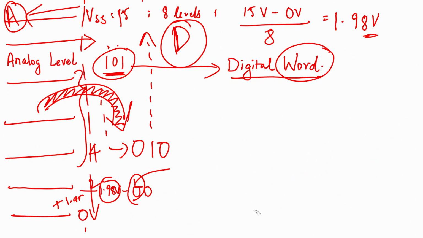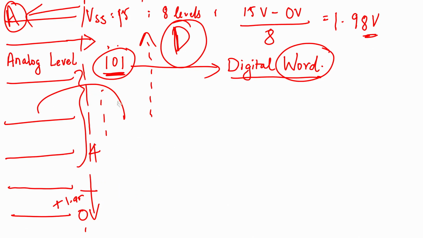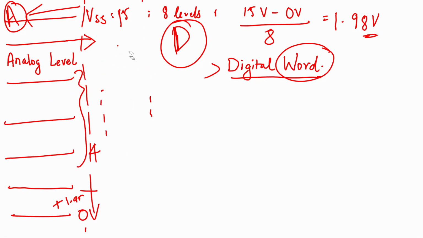Though you know that there are infinite levels in the analog domain and very discrete levels in the digital domain, there is a very thin line between the digital and analog space from a concept perspective. As I told, it is just two sides of the same coin. So this is your analog and digital domain.